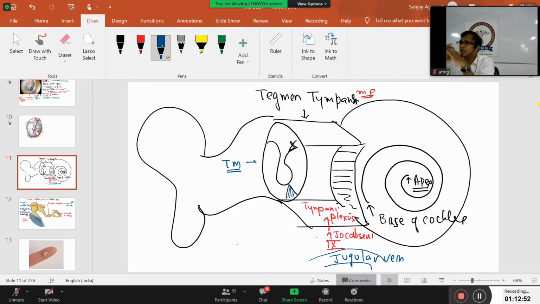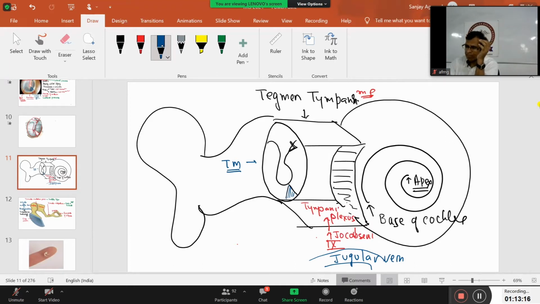So now we are coming to the most important thing that you have to know in the middle ear. The next diagram is going to be the most important diagram of the day. Middle ear. How many boundaries? 6 boundaries.